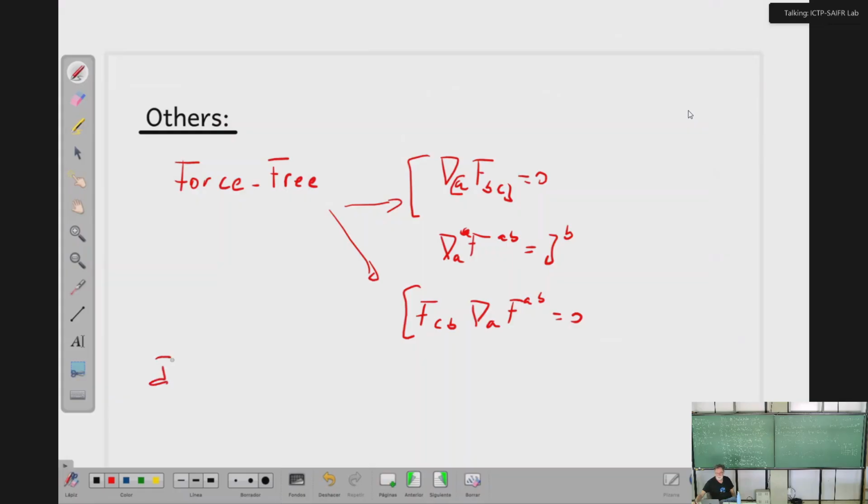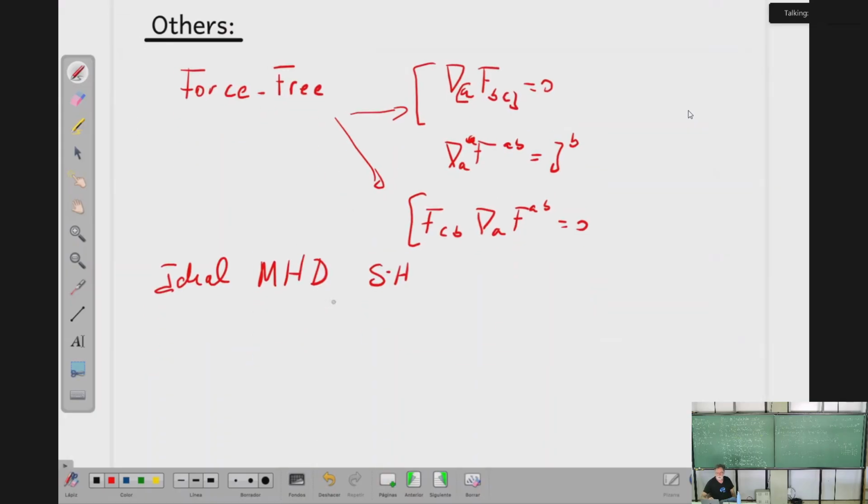Ideal MHD is symmetric hyperbolic also. Yang-Mills, which is very similar to Maxwell, is symmetric hyperbolic.